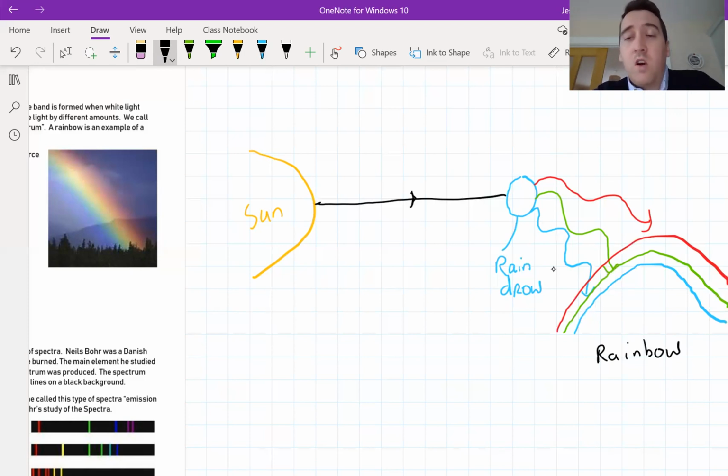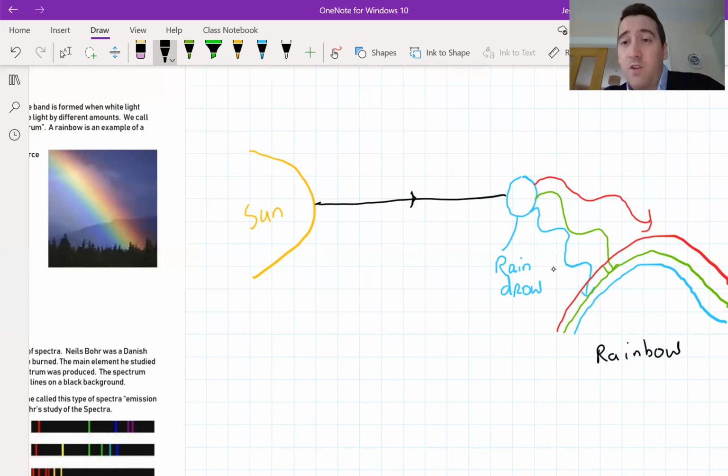Now, obviously, there are other colors in here, and there are many, many different shades. We'll probably have learned about 7 colors: red, orange, yellow, green, blue, indigo, and violet. We learn of 7 colors, but really there are way more colors than that, like shades in between those colors. But there are 7 main bands, if you like. So within the red, there are lots of different shades of red.